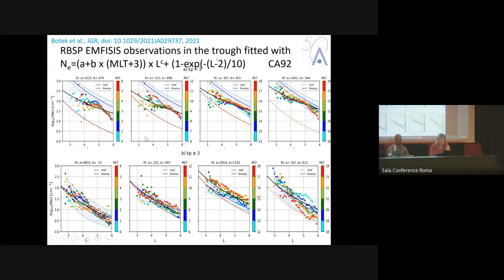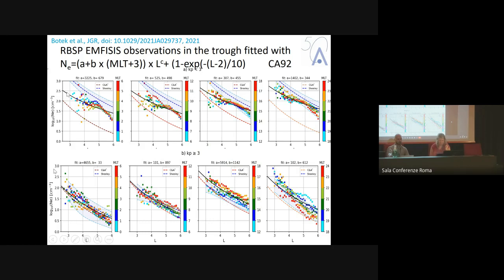And the Carpenter and Anderson previous model is given by the red line, and you can see that especially when the activity was low, the model underestimates what is really observed in all MLT sectors, while for the higher activity, the previous model, again given by the red line, was not so bad, except at high magnetic local time.